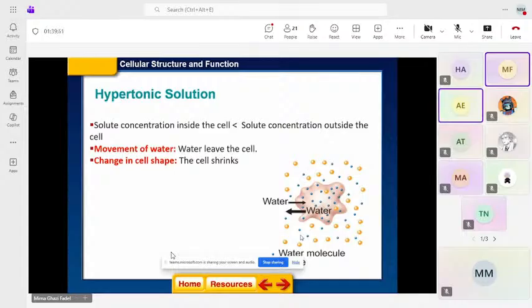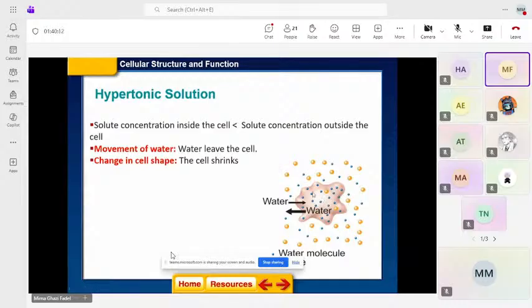Hypertonic. So to guess the type of solution, just look in the solution and inside the cell. Look at the solute, where it's more concentrated. For sure it's more concentrated in the solution, because the number of yellow circles in the solution is more than inside the cell. So for sure you should say this is a hypertonic solution.